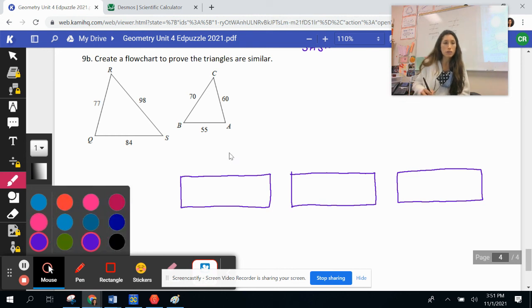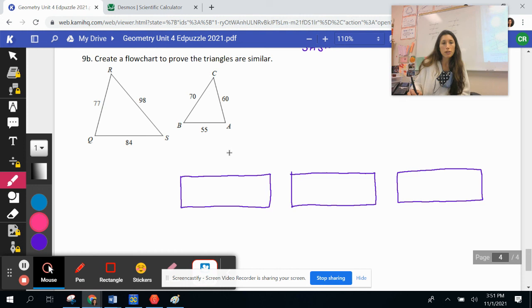Let's do that first one together. So our 2 smallest sides would be 55, and let's do smallest 84. And it doesn't matter, we'll go from left to right, so we're just remaining consistent. So let's do 84 over 55. So I'd like for you to simplify that into a fraction form. So what is the fraction equivalent to 84 divided by 55?